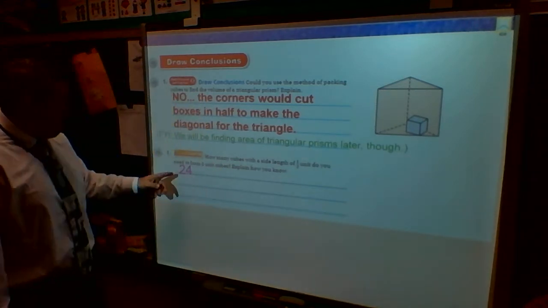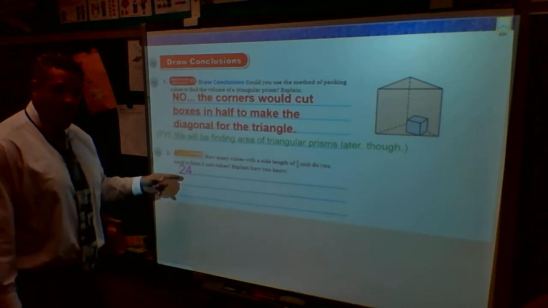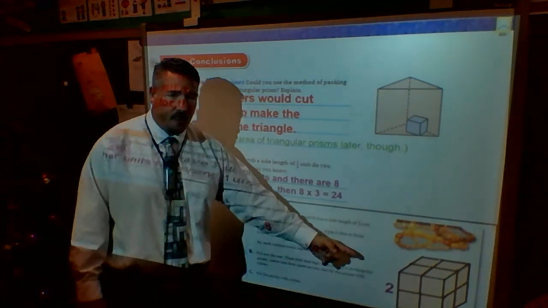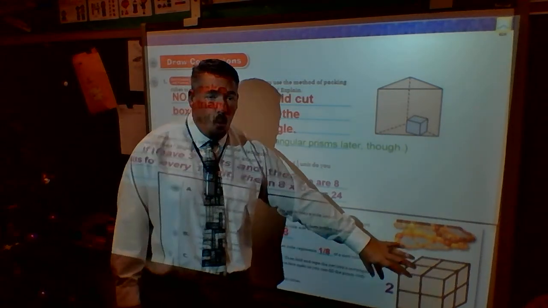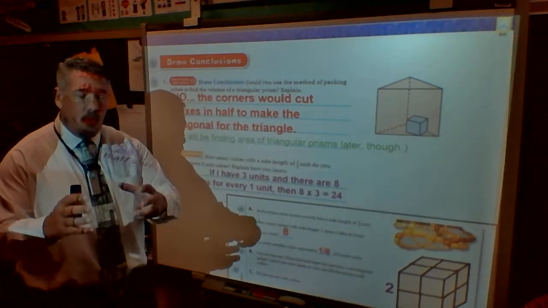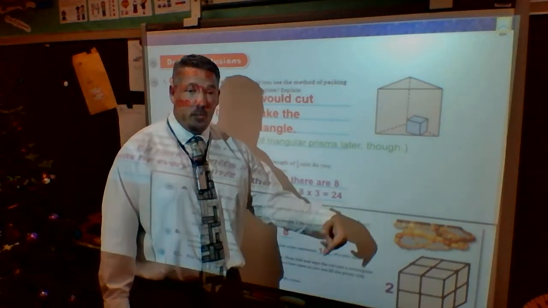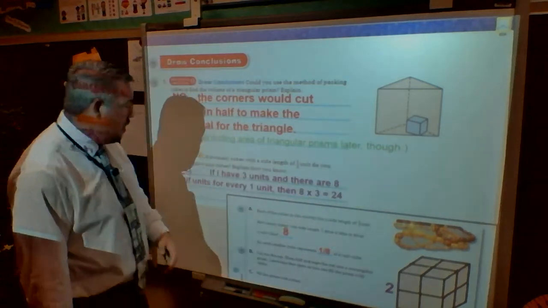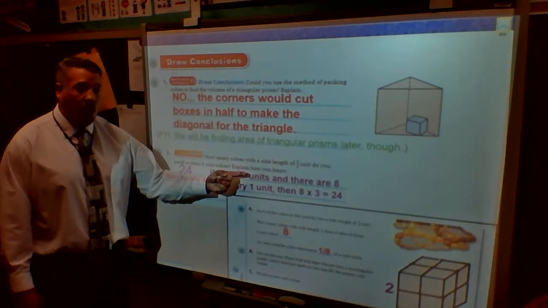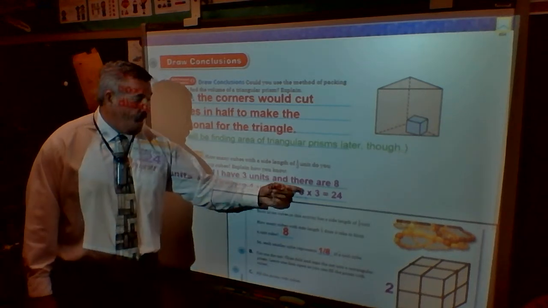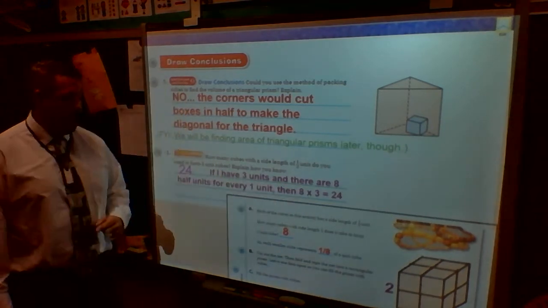This question, I'm going to have an answer of 24. How did I get that? Well, that goes back to this idea that for every 1 cubic unit, if I use half units to make it up, I'd have 2 times 2 times 2, which is my 8. So I know that if I have 3 units, and I'm using these half units like it says, that 8 times 3 gives me 24.